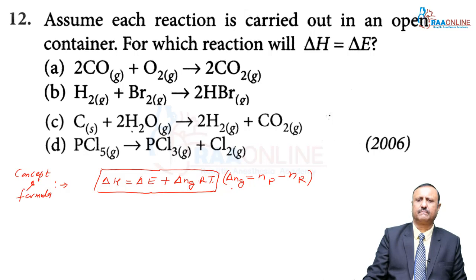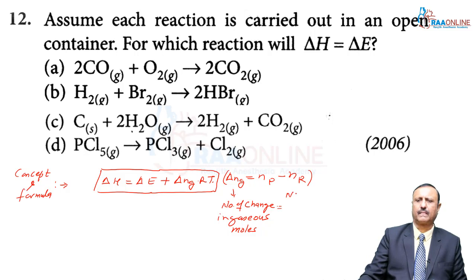And what is the delta NG? Here, change in number of gaseous moles. Here you can see that equal to NP minus NR. What is NP, my dear friends?